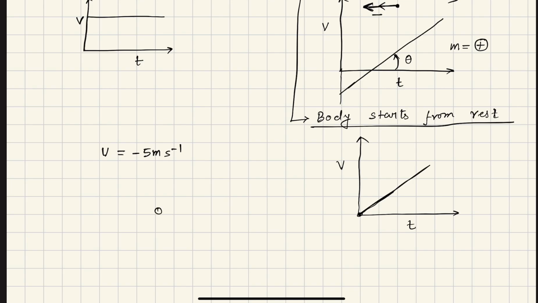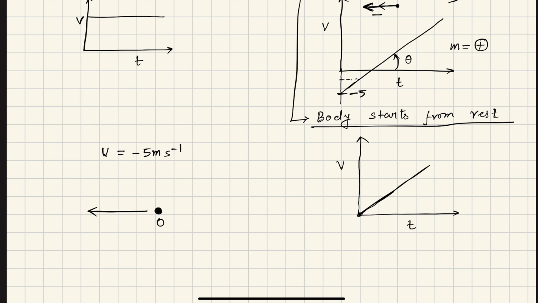Now if this is the observer point, then definitely as the velocity is negative, first it is going in this side. That is why the velocity is negative. Let's take this as minus 5.